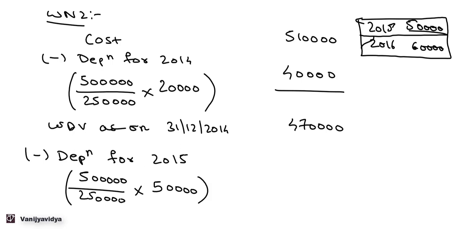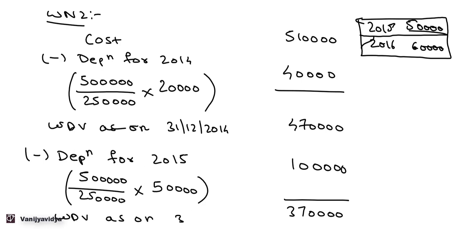That comes to 1 lakh. So 3,70,000 is WDV as on 31st December 2015.